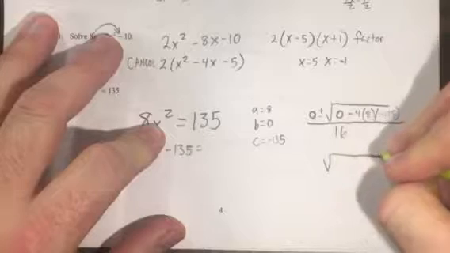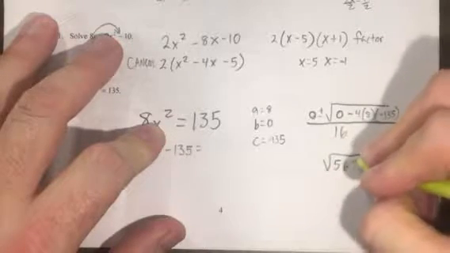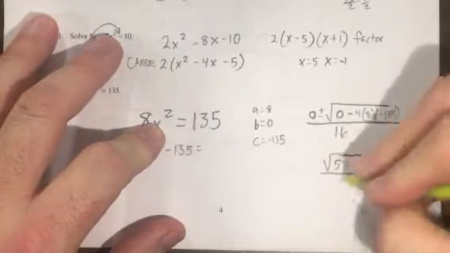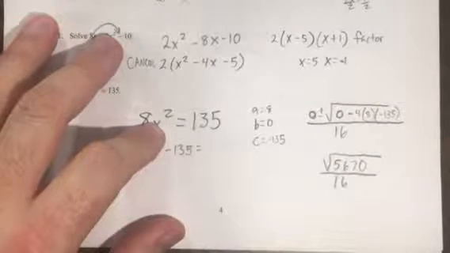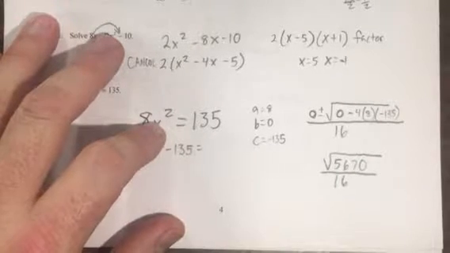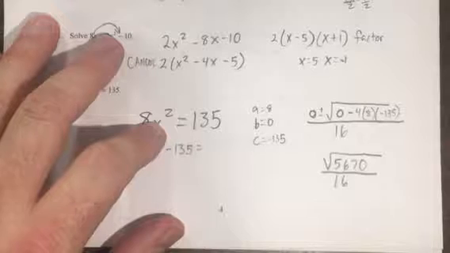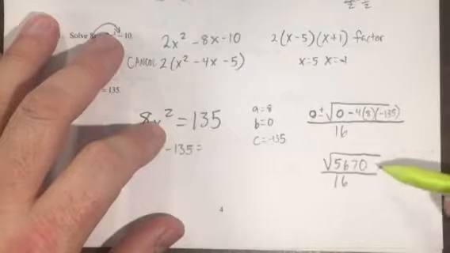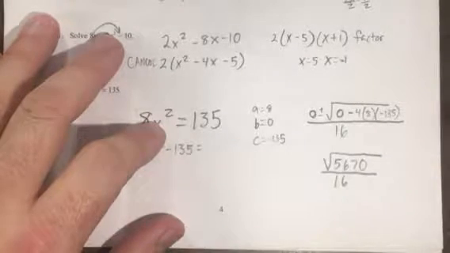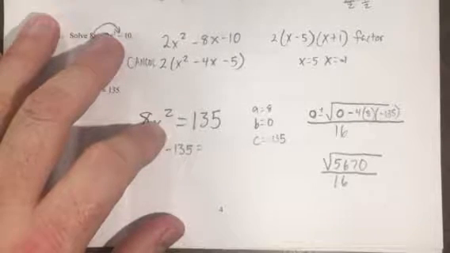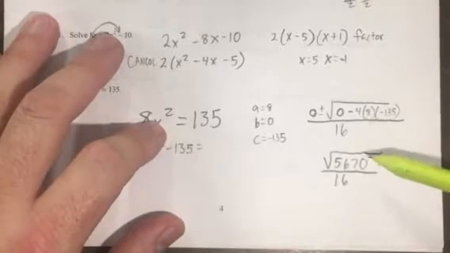So I have the square root of 5,670 all over 16. Now let me just take a wild guess and see, is 5,670 a perfect square? No. Okay, I didn't think it was.